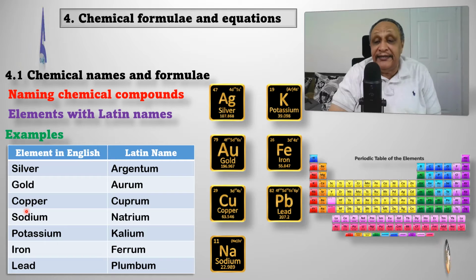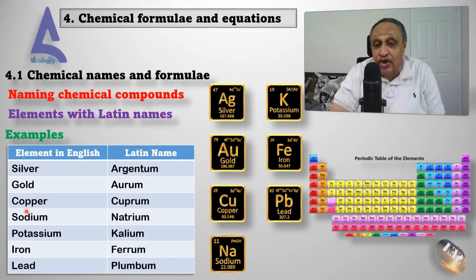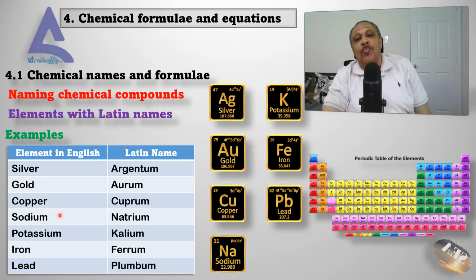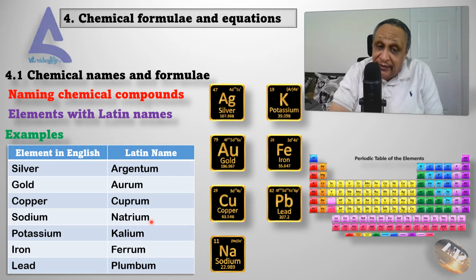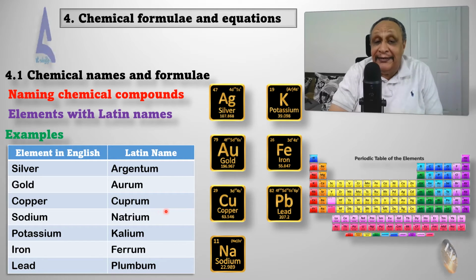Why don't we take Co? Because we have cobalt, which is Co. We don't want to confuse ourselves by using one symbol for two elements. So we go for the Latin name, cuprum, and here we name it Cu.